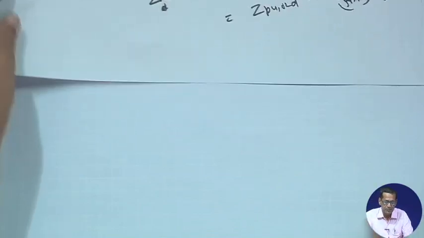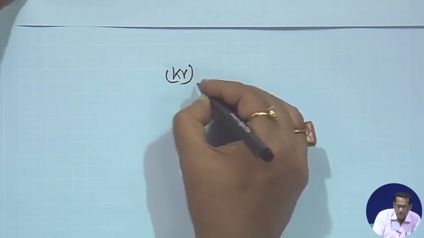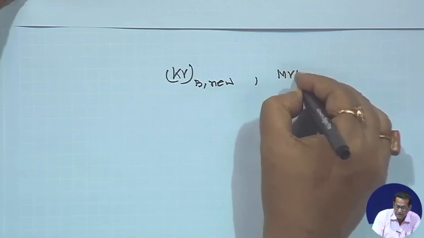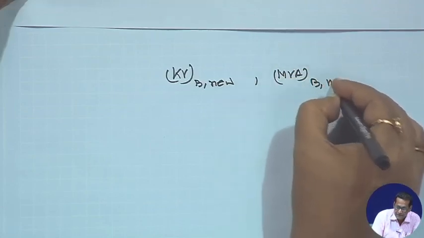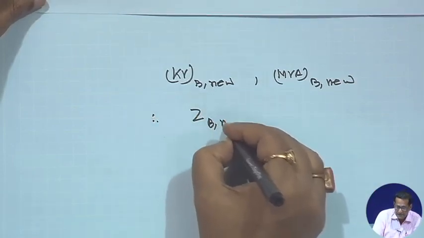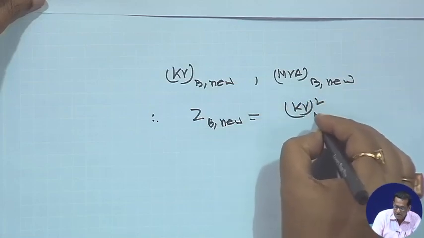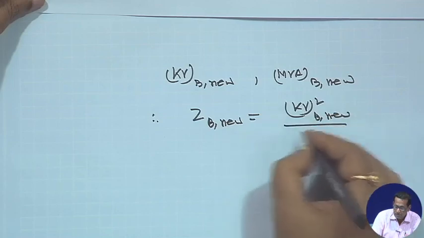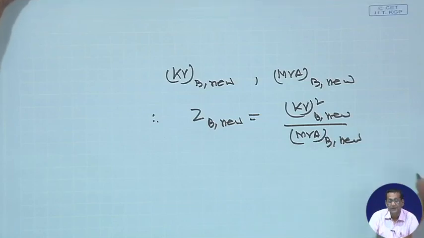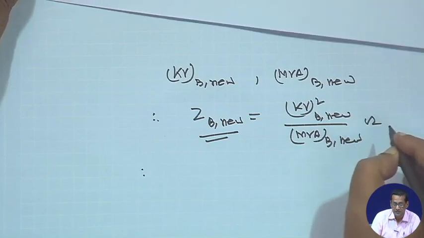Now, suppose a new base value is given, say this is your KV base new and MVA base new, right. Therefore, the new base impedance Z base new is equal to KV square base new divided by MVA base new, right. This is the new value, and this is actually in ohm.